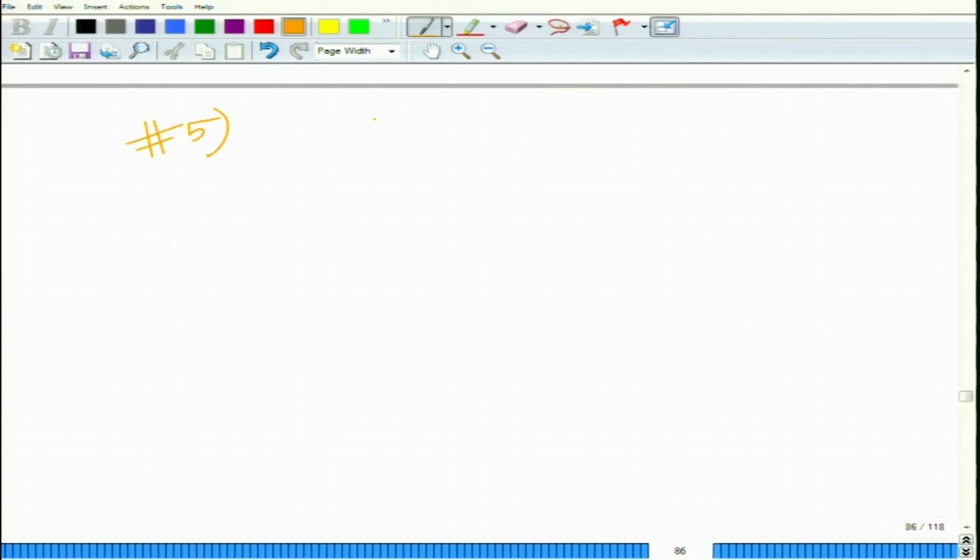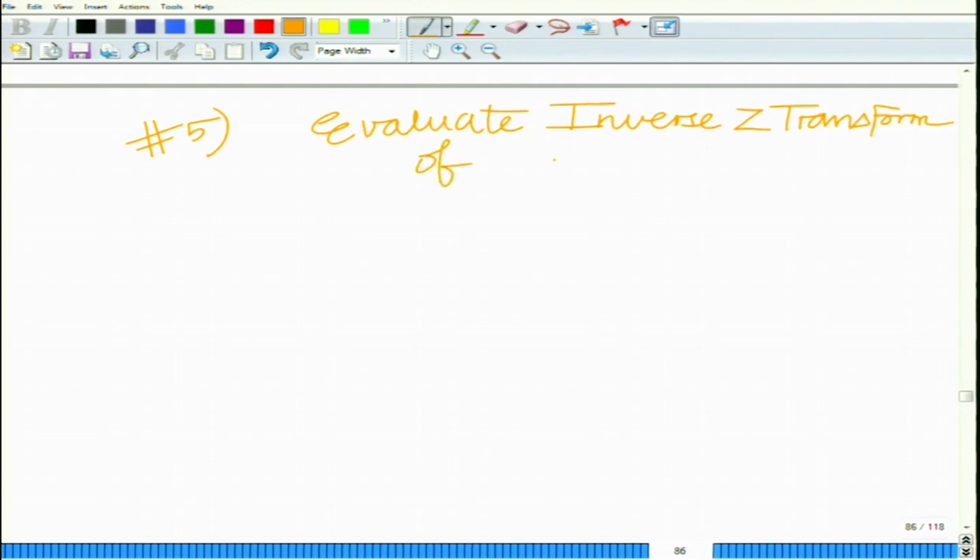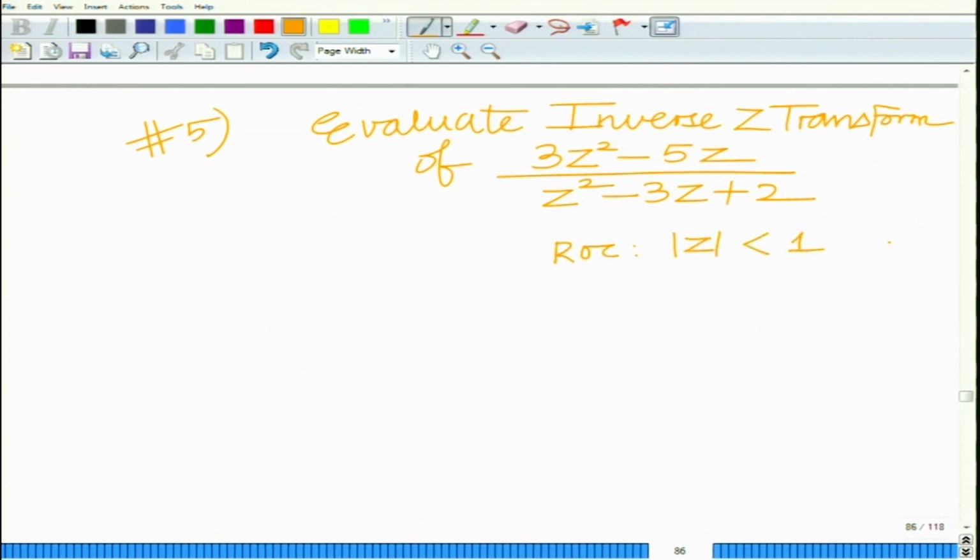We have a rational function of z, and we want to evaluate the inverse z transform of 3 z square minus 5 z by z square minus 3 z plus 2, and the ROC is given as magnitude z less than 1.